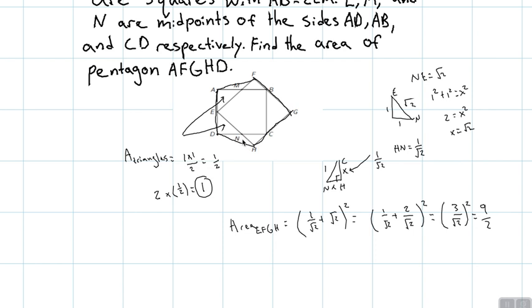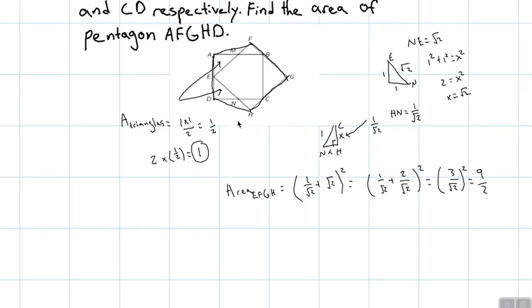So lastly, the area of the pentagon that we haven't calculated yet is this triangle here, the area DNH. And this is an interesting one. If we focus in on this triangle, we can make that into a parallelogram like this.